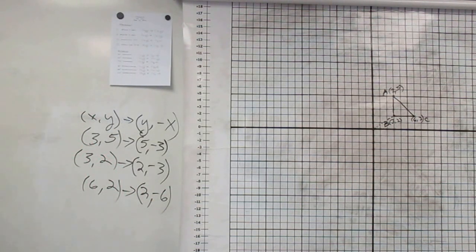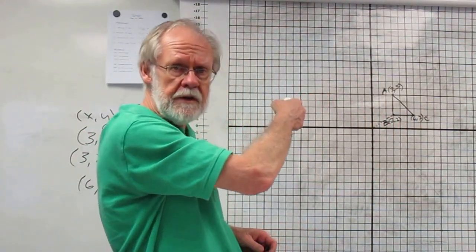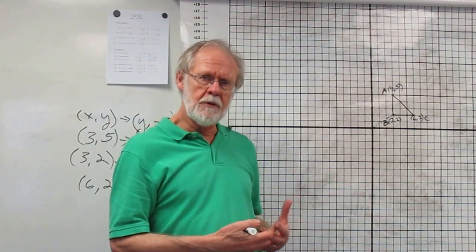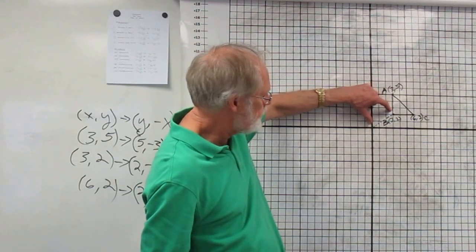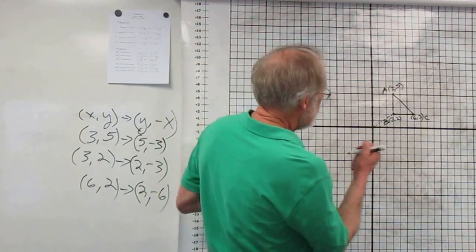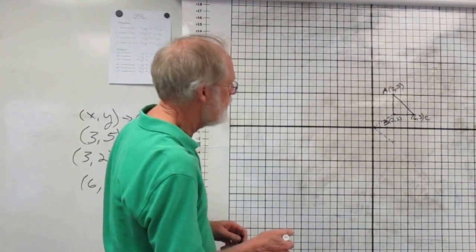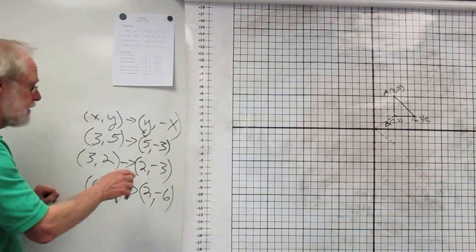All right, now let's see what happens to this thing as we rotate it 90 degrees. Now these are all rotations around the origin. So it's as if a string was attached and we are rotating it 90 degrees, so you would sort of expect that somewhere down in here it would land. I can't do these without looking at this chart.